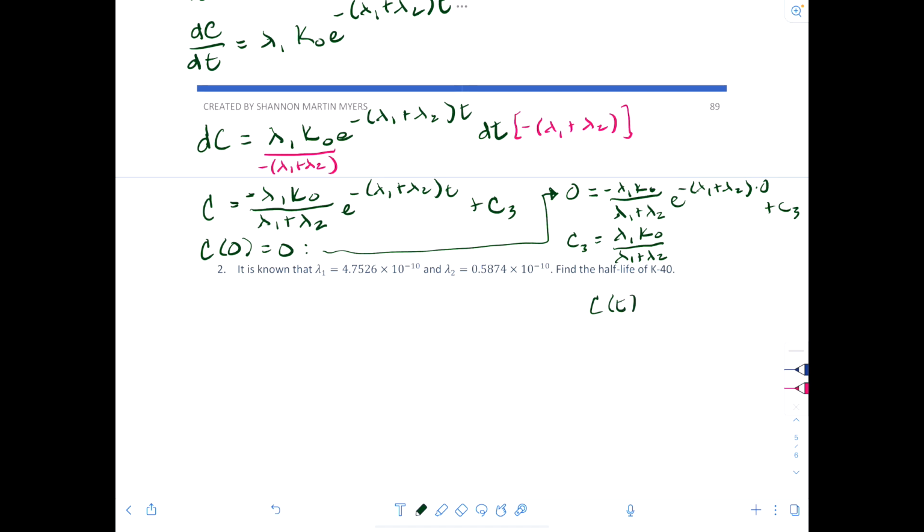C at t equals, again, that's going to be able to be factored out. And so we will have lambda 1 K0 over lambda 1 plus lambda 2 times 1 minus e to the negative lambda 1 plus lambda 2 times t.